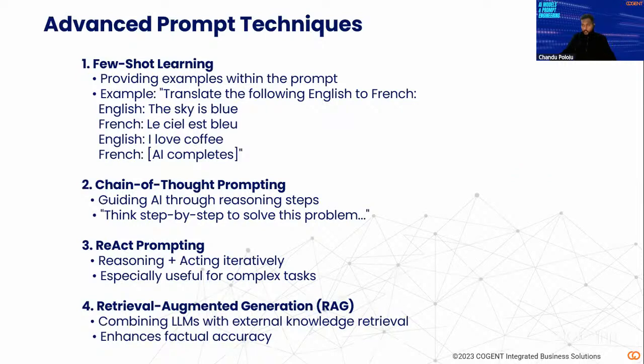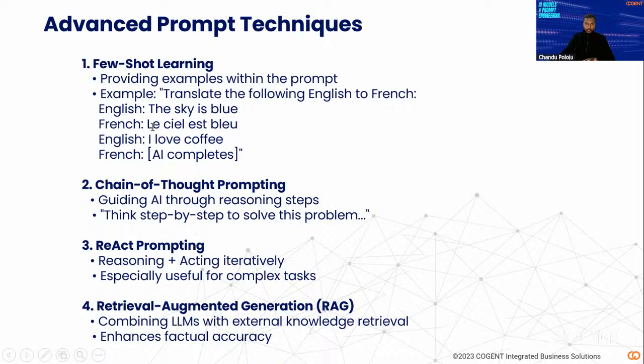So few-shot learning. The name itself says few shots, like giving a few examples. We provide a few examples to the AI model, and it does the same kind of thing as the examples we give. If you see, the first one is you want to translate English to French. English is the sky is blue, French is the same in French.